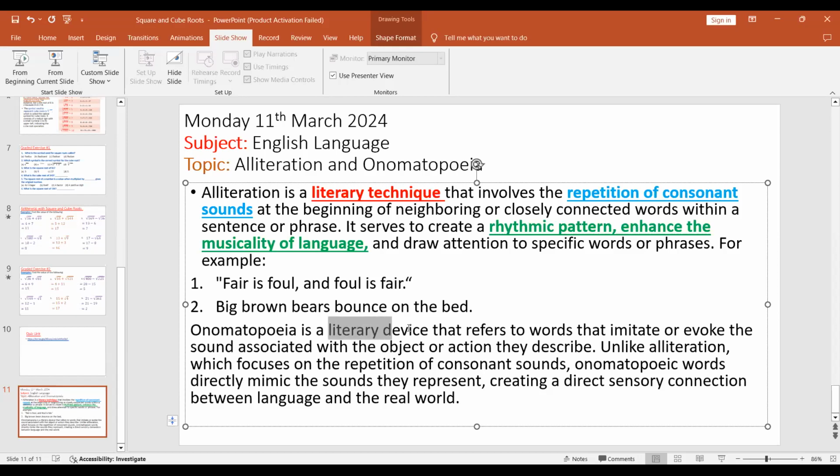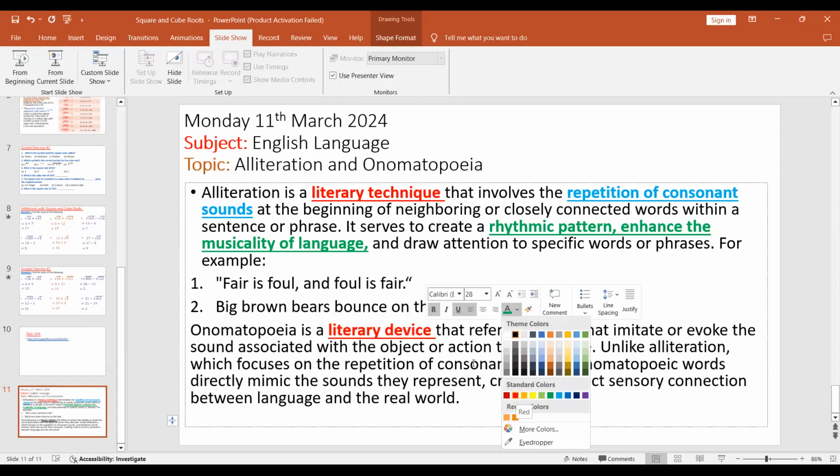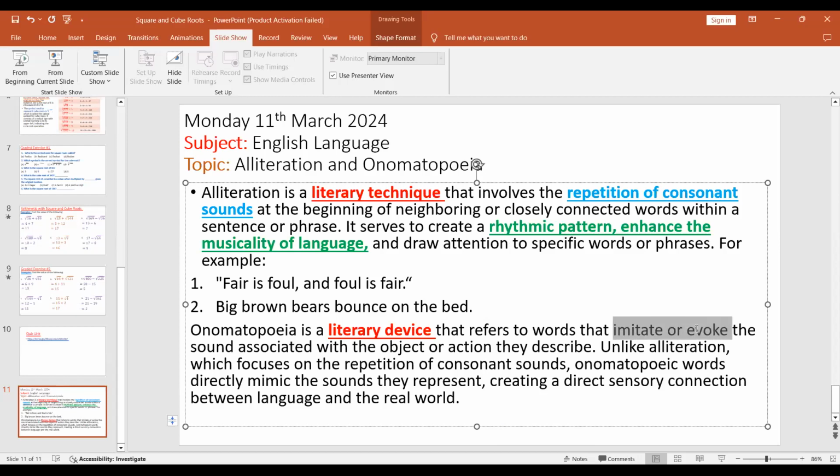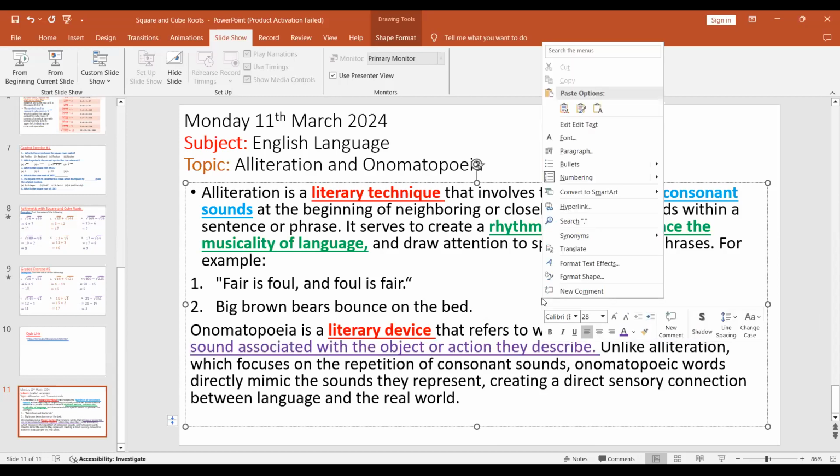We can call it a literary technique or figurative language, all those things are good. So for example, shh, or buzz, or oops, right? Those are all examples of onomatopoeia. So they evoke the same sound, right?